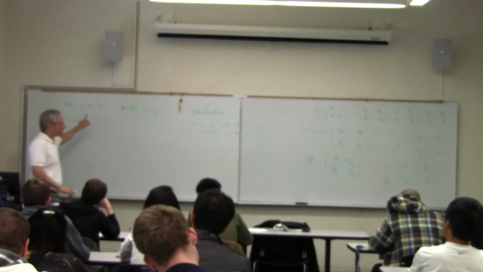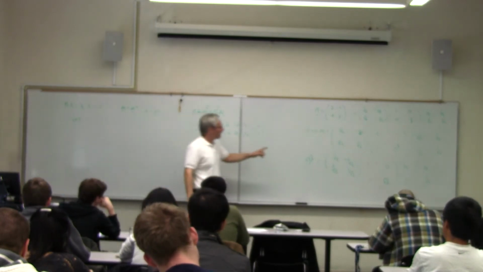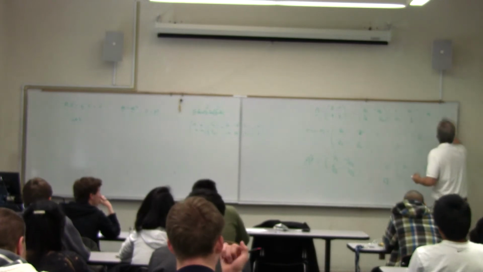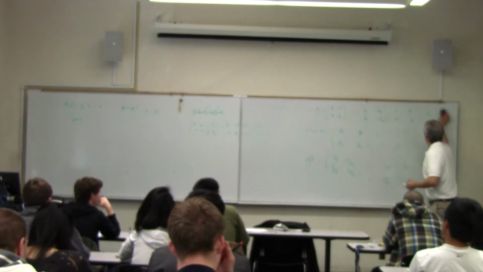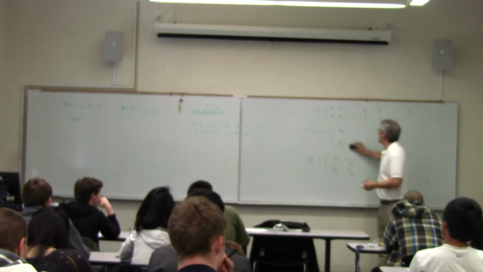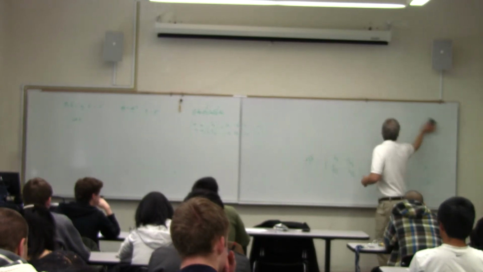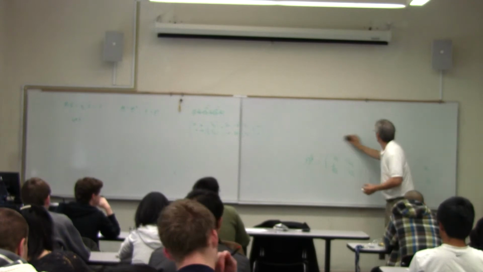By the way, before I do this, you may wonder if you can do all of this for matrices that are not symmetric. And the answer is sometimes you can and sometimes you can't.